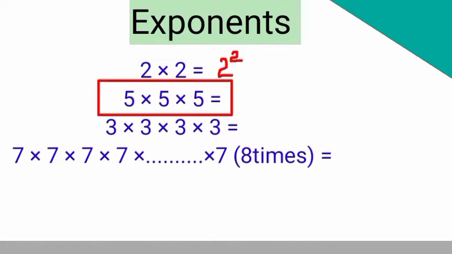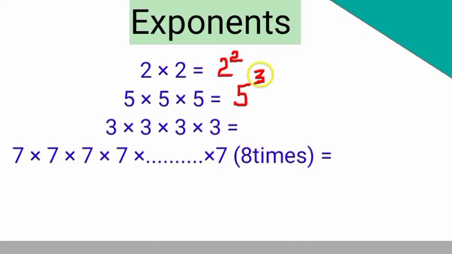Next, if 5 multiply 5 multiply 5 is given, how would you write it? 5 is multiplying by itself 3 times. So you will write it 5 raised to the power 3. And if the power is 3, you can say this is 5 cube.